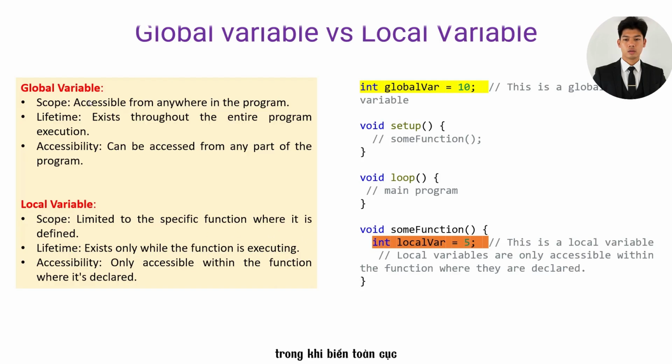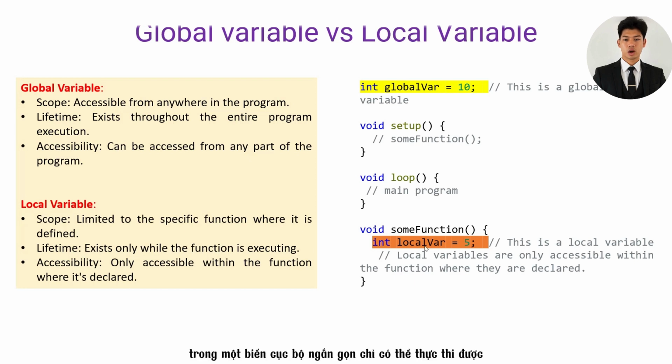Whereas the global variable, int global_var equal to 10, is one global variable example. This variable has been defined outside any function. We can access this global variable from void setup, or from void loop, or from the sum function. This is the difference between global variable and local variable.